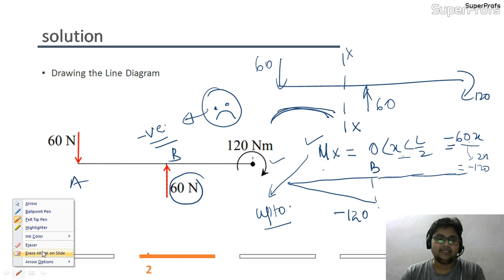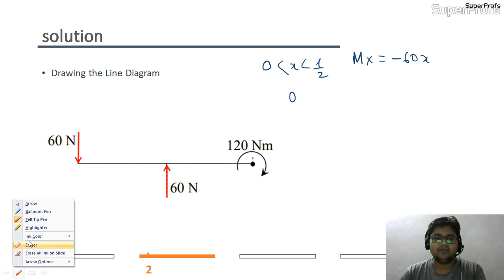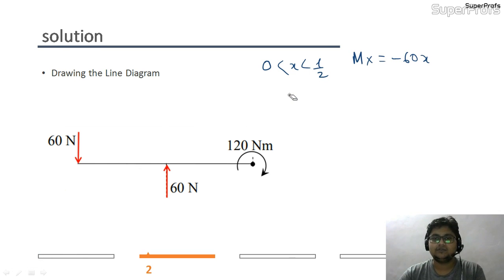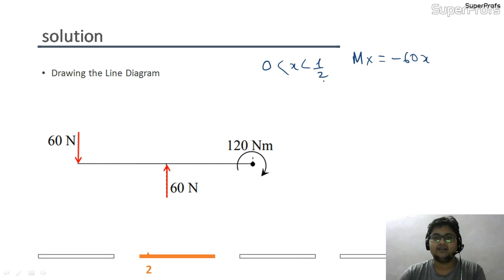Just I am deleting everything. If I want to make my equation valid, from 0 to L by 2, the equation was simply minus 60x, and from L by 2 to L there will be a modification in the equation.